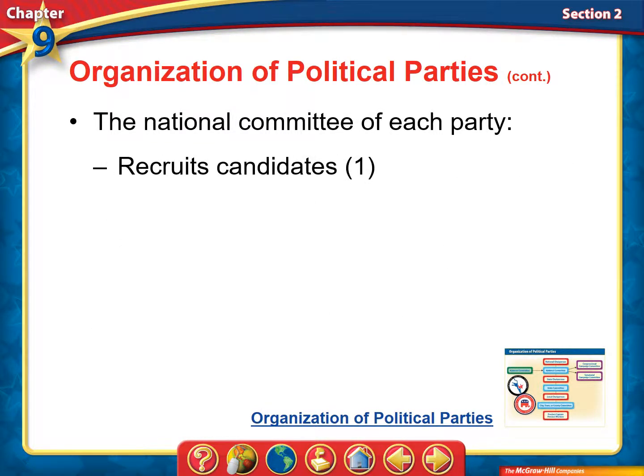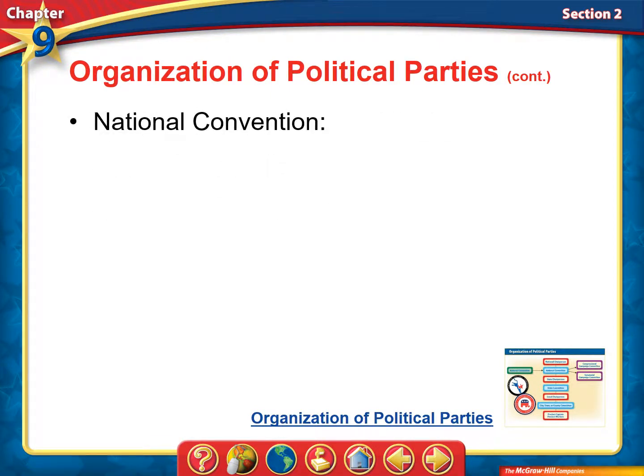Now, each party recruits candidates. They may seek you out, you may seek them out. They also create advertisements. Those are the campaign commercials that you see or the ads you see on social media. And these national conventions, once more, are held once every 4 years.